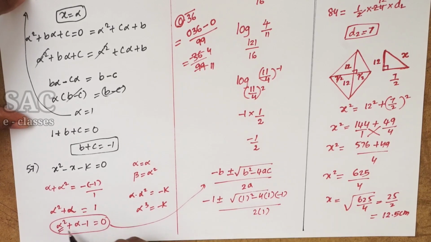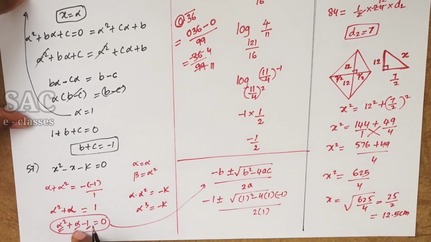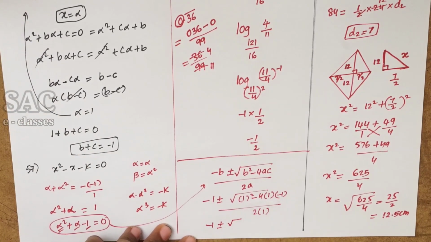As I am taking alpha square, alpha and minus 1, a, b, c are the coefficient of alpha square, coefficient of alpha and constant term. Minus 1 plus or minus root 5 by 2.